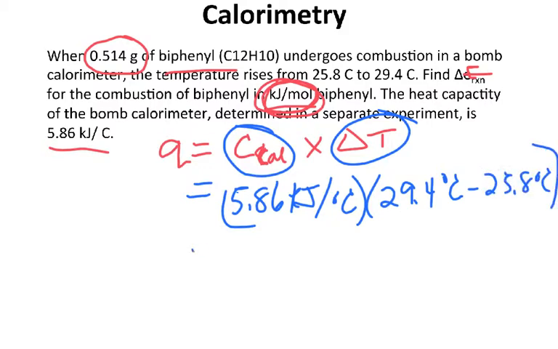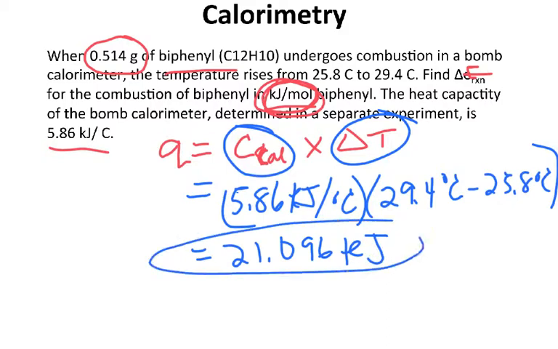When we do that, we get 21.096 kilojoules. That's the delta E in kilojoules, but we need to find it for this very specific amount.